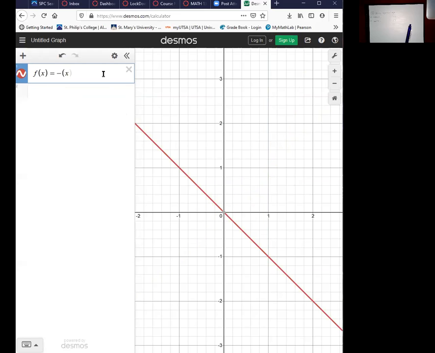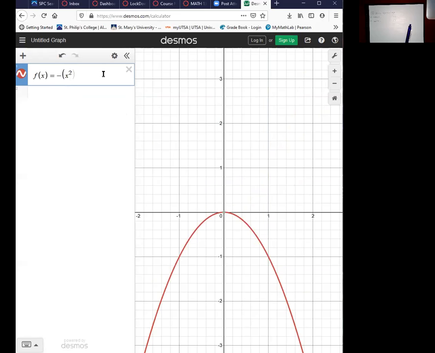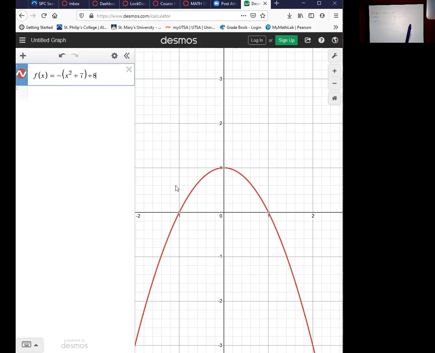Okay, so negative x squared plus 1. The intercepts are right here. I might need more space for this.